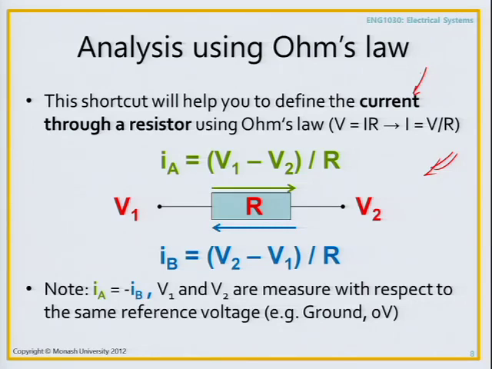So if I've got a resistor and it's got a voltage on either side, V1, V2, if I want to calculate the current going to the right, I just take the source node where the current's coming from, V1, subtract V2, the voltage on either side, and divide it by the resistor. If I want to calculate the current the other way, I take V2, subtract V1, and divide it by the resistor. Okay, so that's the quick, easy method of figuring out what the current is through this resistor.